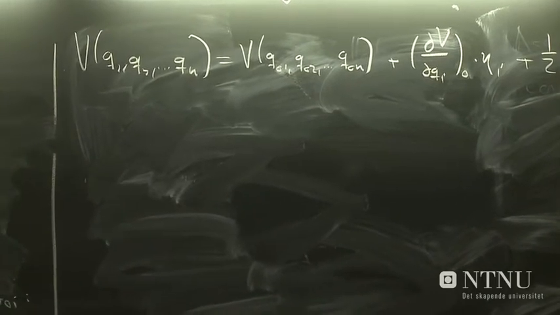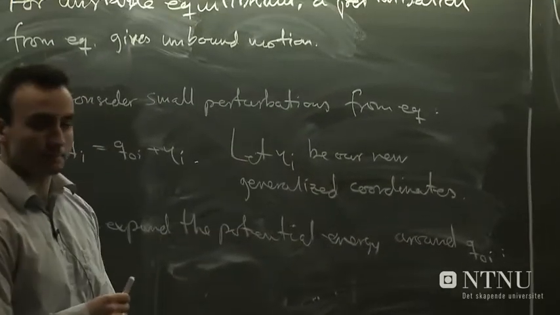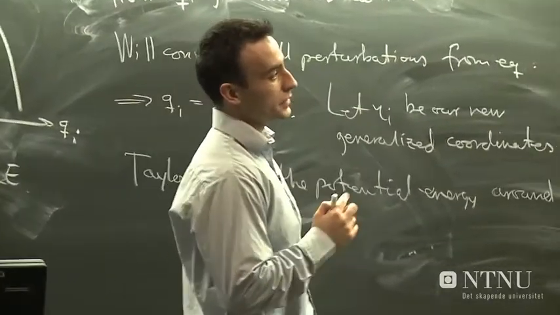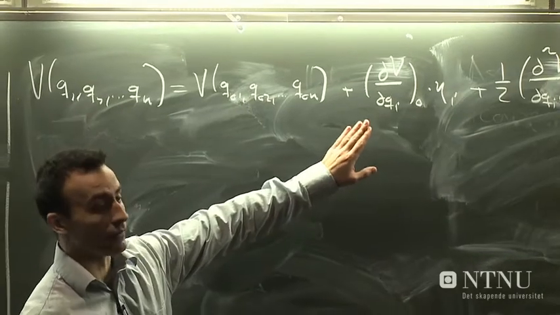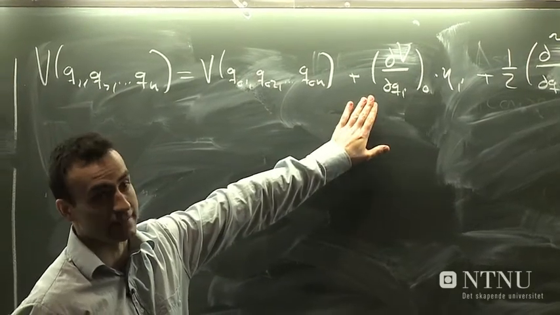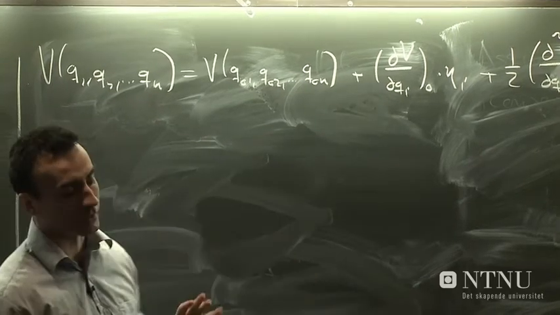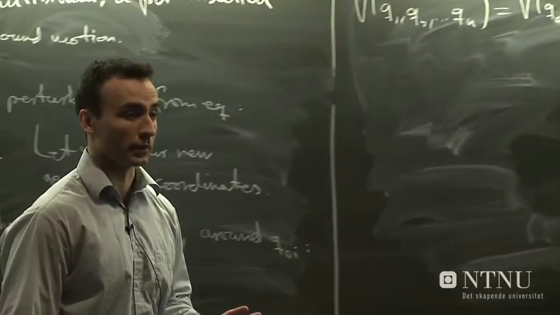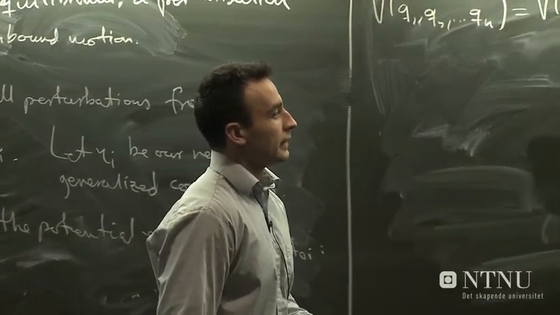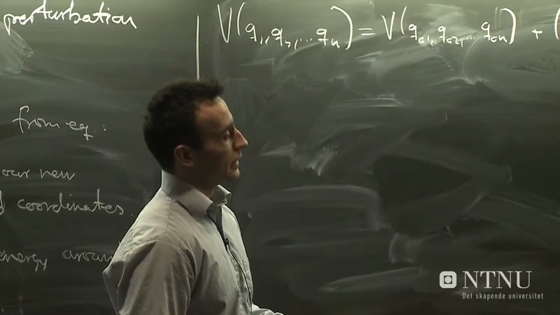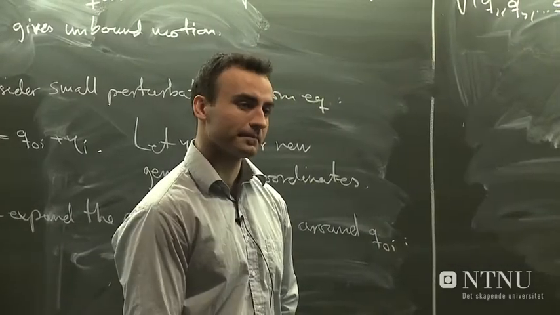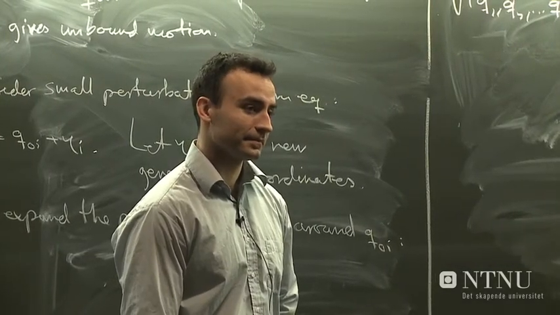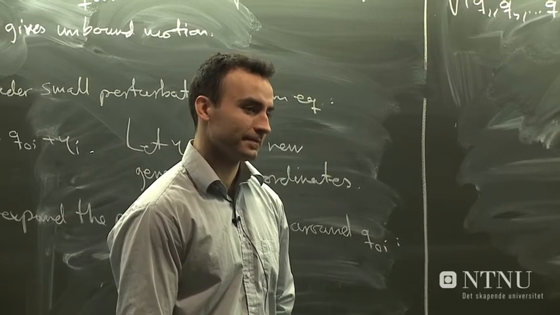Okay, so are we any wiser due to this? Well, there are at least two things we can do here. First of all, we know the value of this. It's 0, because the potential has an extremal value in the equilibrium configuration. Is there anything else we can do? The first term is just a reference level, so we can set that also to 0.